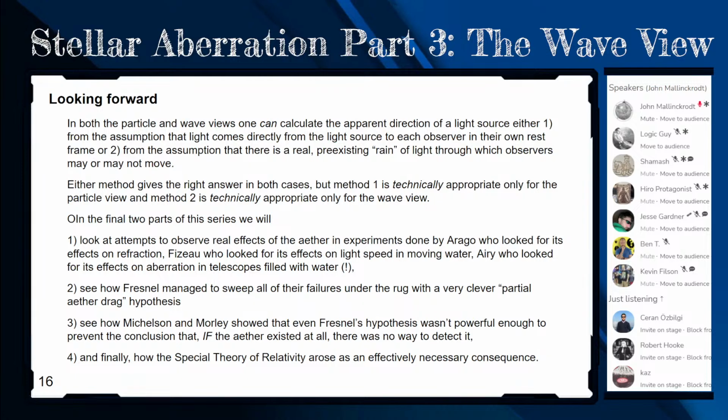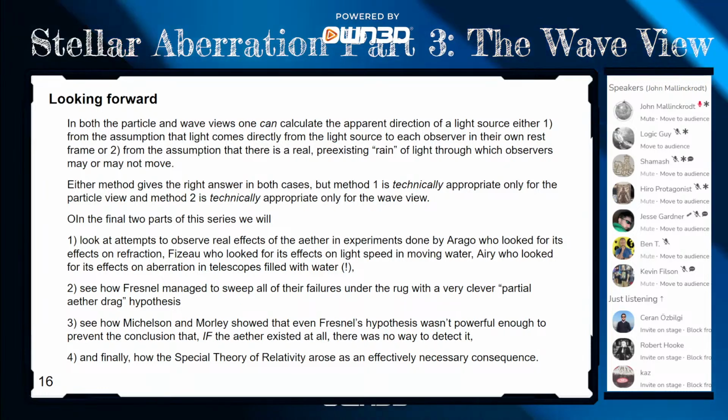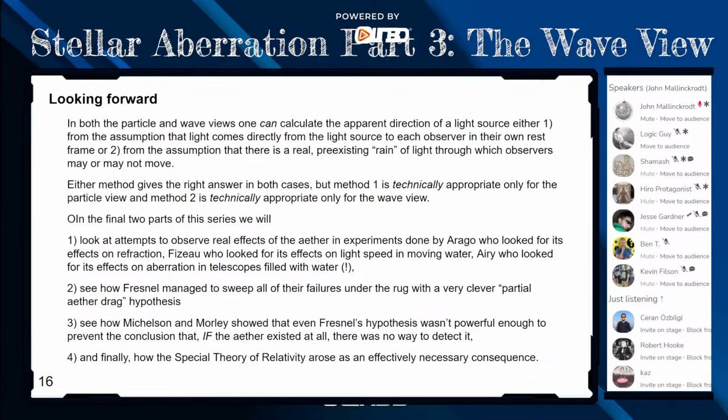And then we'll see how Michelson and Morley in the end of the 1800s actually showed that even Fresnel's hypothesis wasn't powerful enough to prevent the final conclusion that if the ether exists at all, there's no way to detect it.